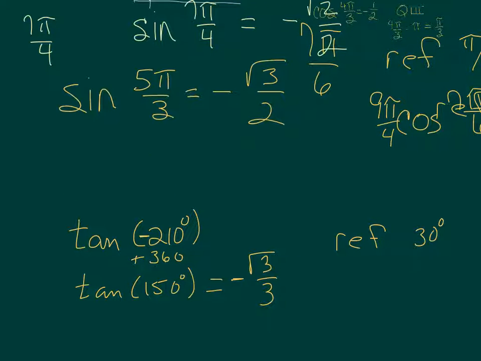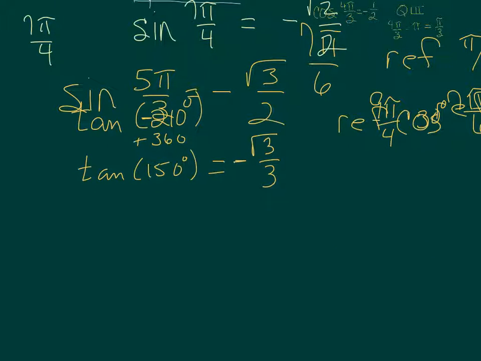Cosine of negative 60 degrees. What quadrant is that going to be in? Quadrant 4. What's the reference angle? 300 degrees. Sorry, no. You add 360, right? It's just 60 degrees. Your reference angle is 60 degrees. Oh, I thought we were trying to get it to a positive.